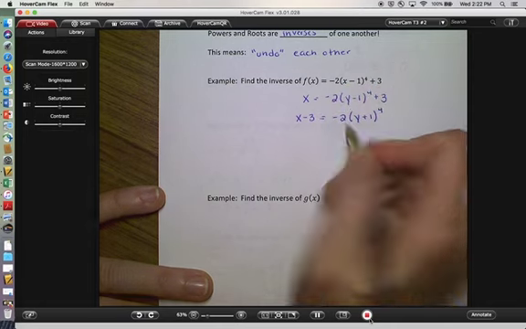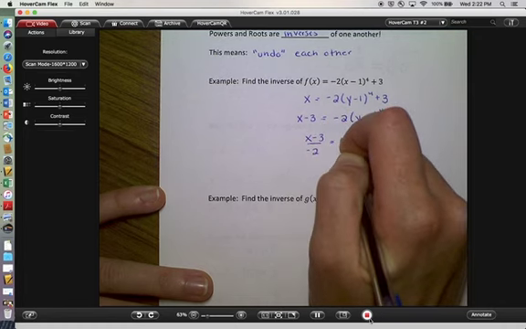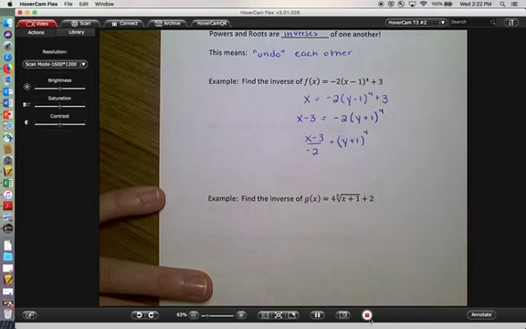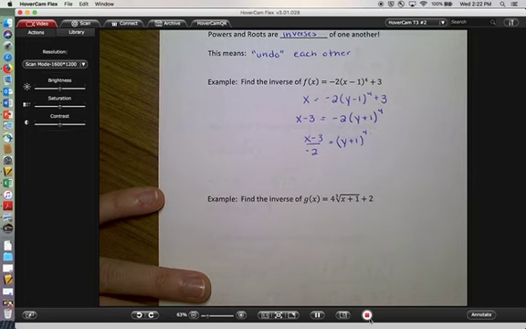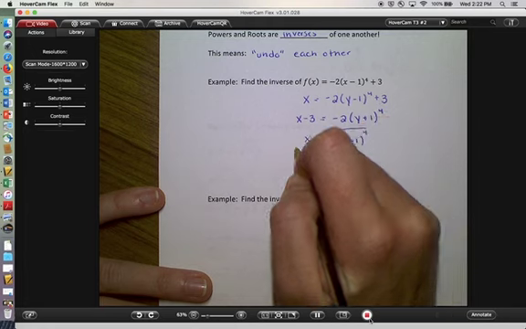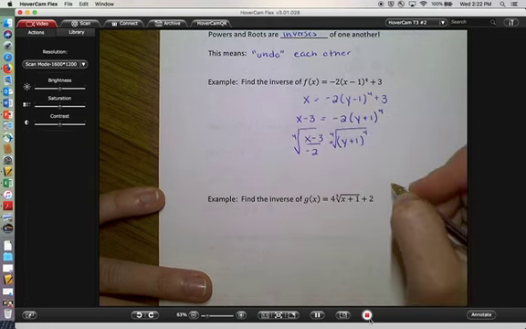And then divide by -2. So here's the thing. We need to undo a power of 4 to do that. We need to take the 4th root, or you could raise it to the 1/4 power.